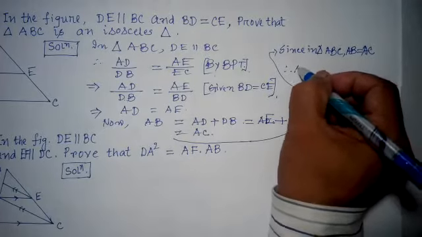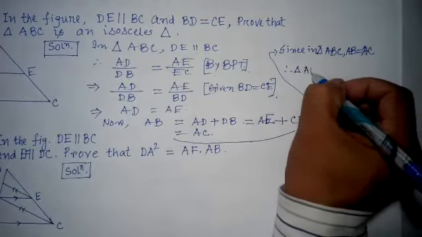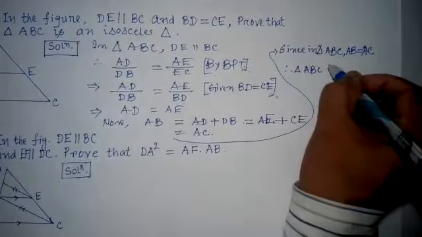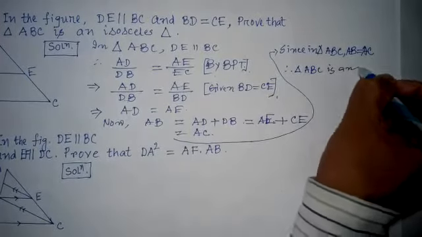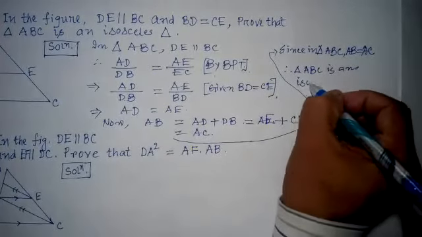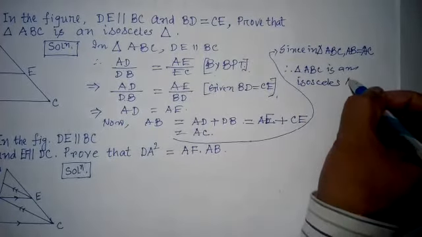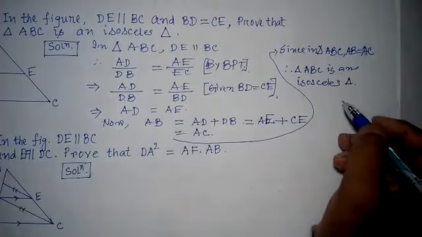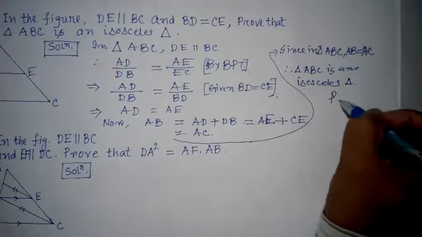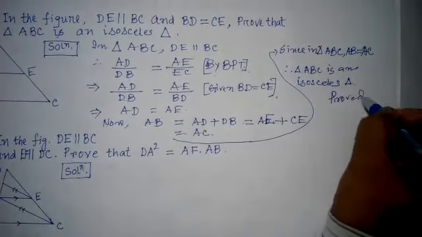So we can write, therefore triangle ABC is an isosceles triangle. That we need to prove. So our proof is finished. So we can write here, proved.